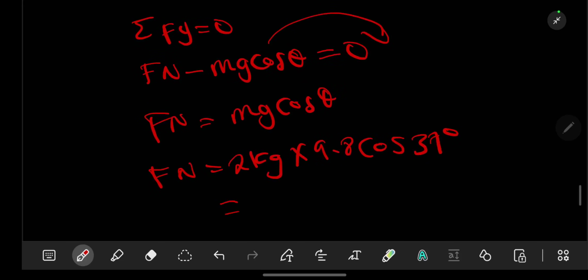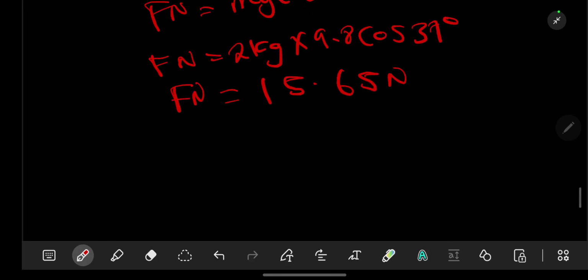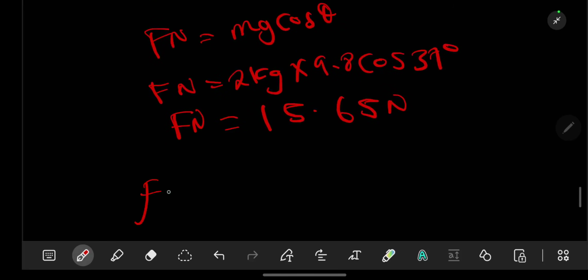So we have 2 times 9.8 cos 37. This gives us a value of 15.65 newtons.